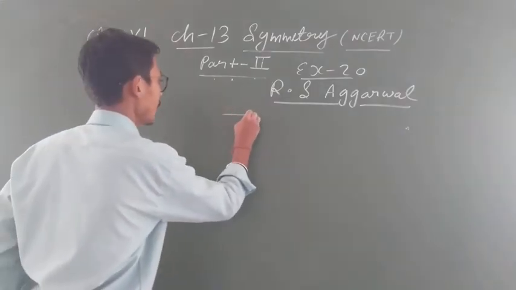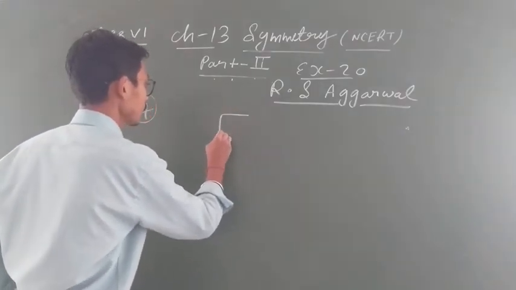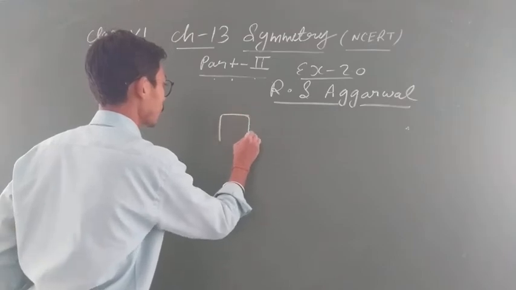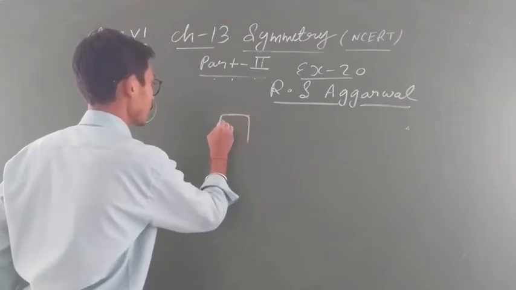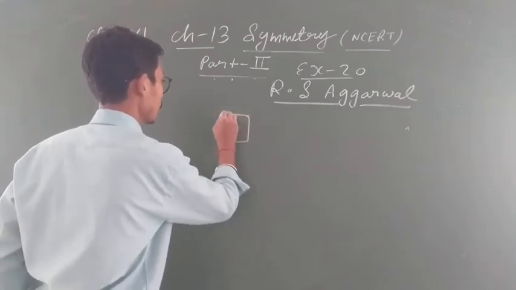O if you write down very carefully, O like that, oval shape. ठीक है ना.